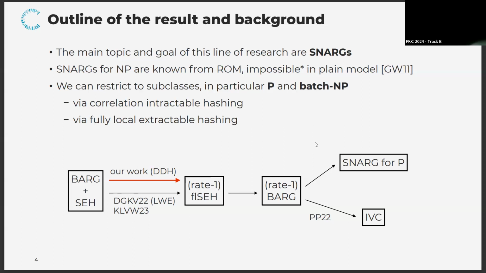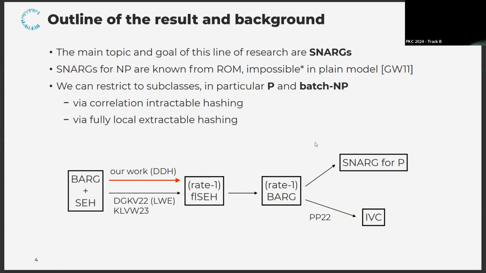So there are a lot of acronyms. I'll try to explain most of them, all of them. And so the point is that the main result is BARGs, and actually rate one BARGs.